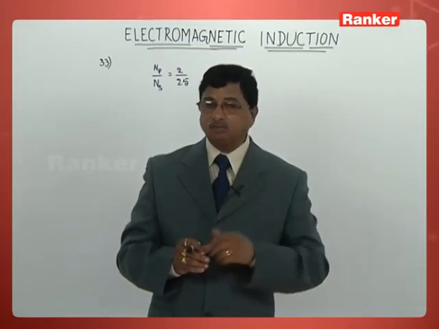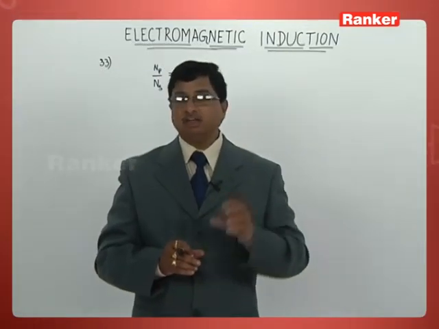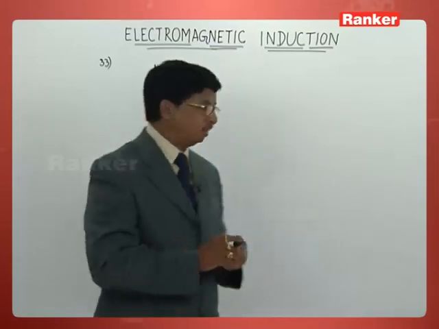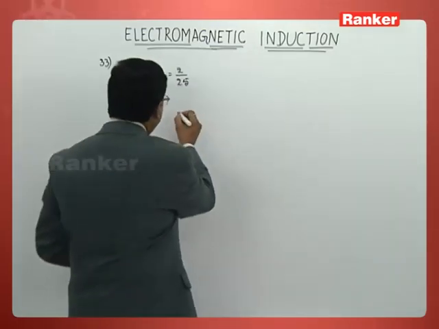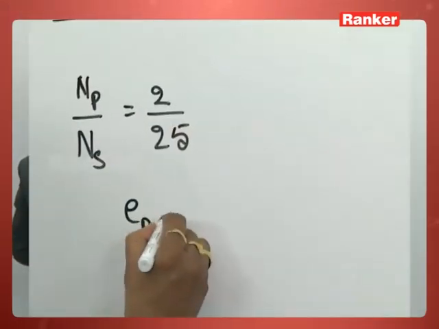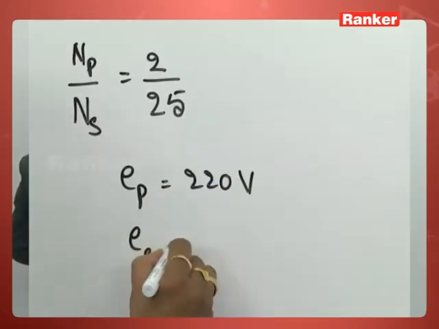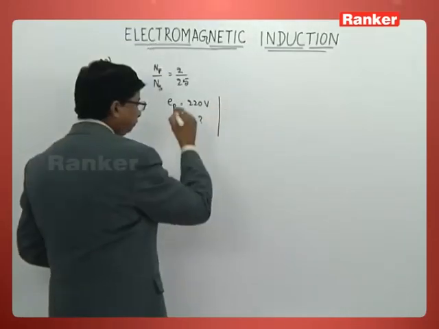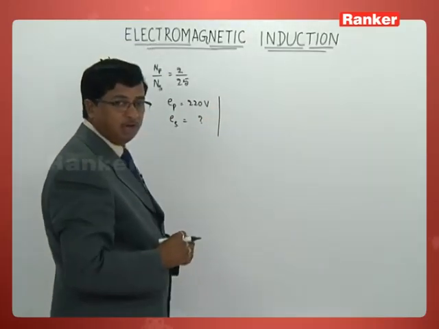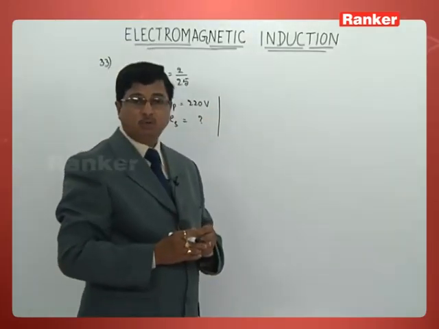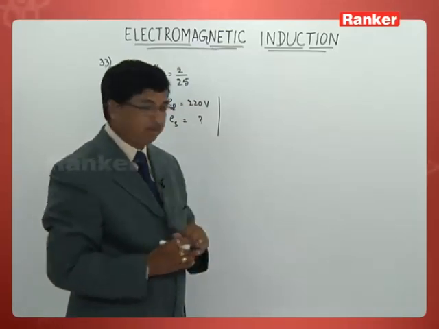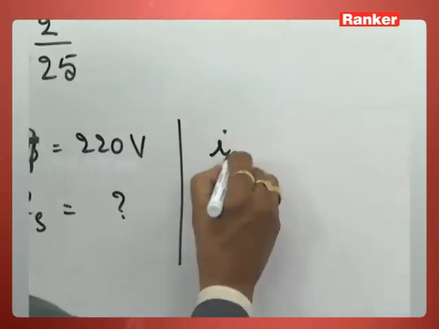What are the values he is asking you? Once again, secondary voltage he is asking. So you can understand well, E primary is given 220 volt. What is E secondary? That is one question. And what is the second one he is asking you? Primary current. That means, what is I primary?